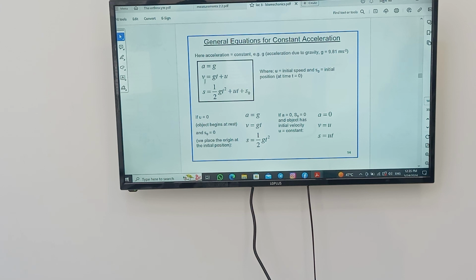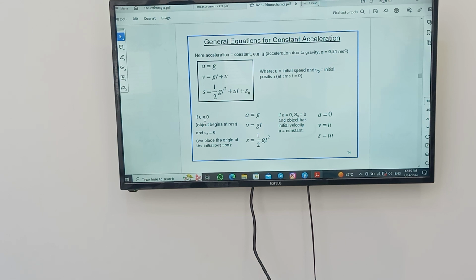So the velocity equals gravity multiplied by time plus u. The position equals one half multiplied by gravity multiplied by time squared, plus u multiplied by t, plus the initial position at time 0.